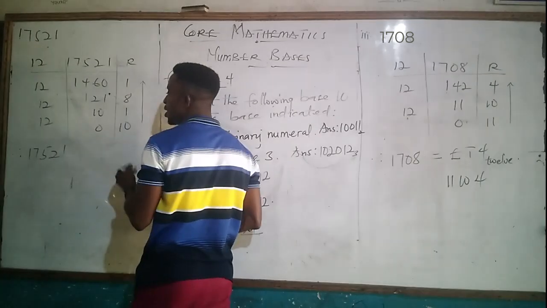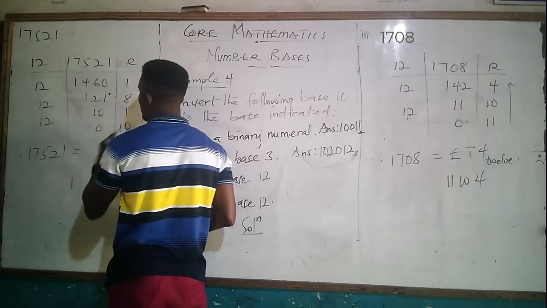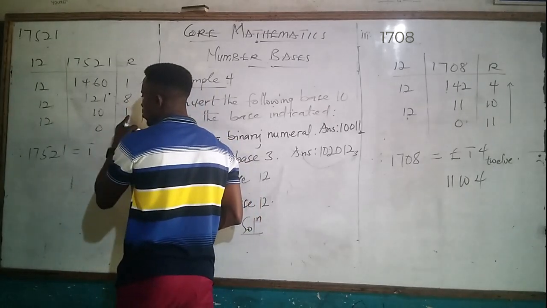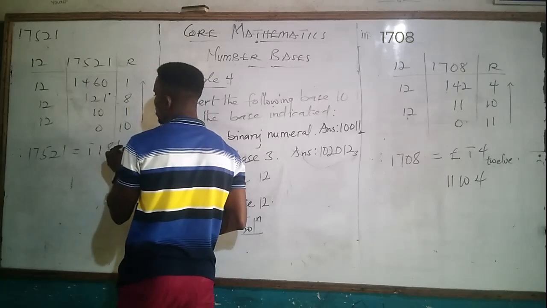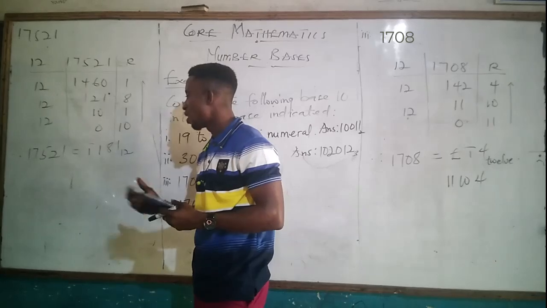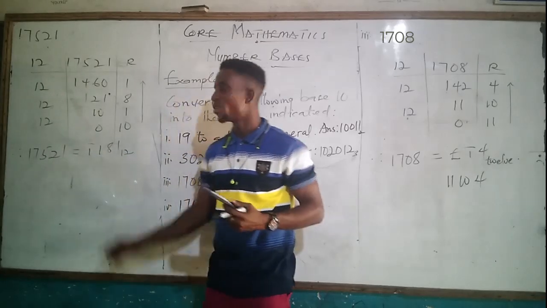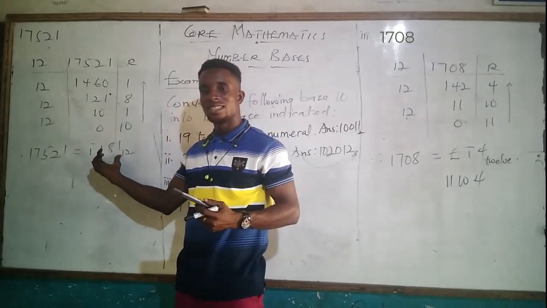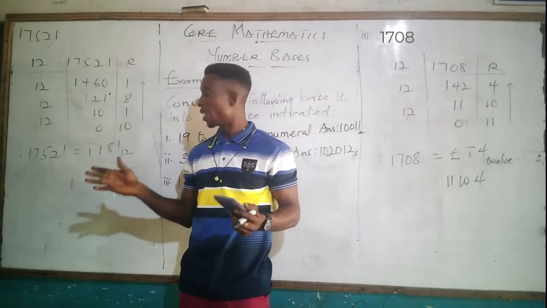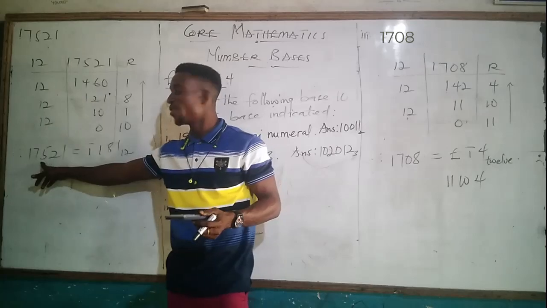So therefore 17,521 base 10 is equal to, I have 10, that is T, then 1, 1 base 12. We can see that we were given this one to be converted to that. So we were given this in conversion from other base to base 10. We converted, we had this.